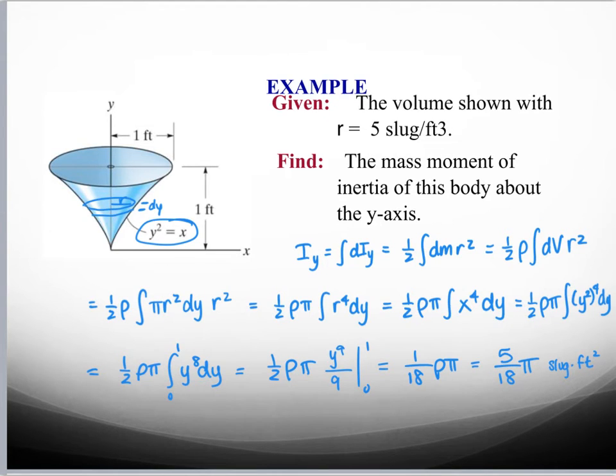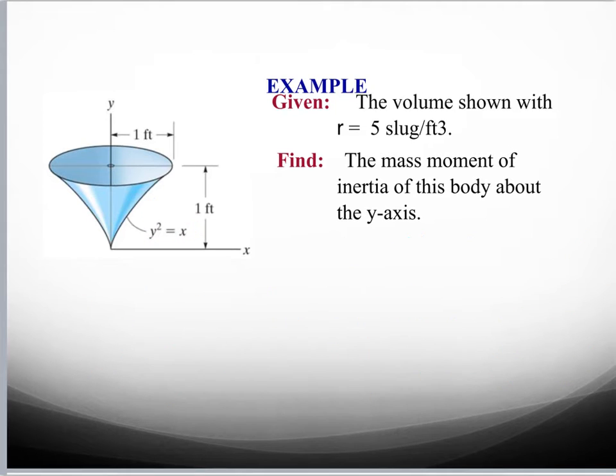We're not used to slugs, but remember that in our unit of measurements, where we use feet and pounds, pounds is actually a unit of force, and the unit of mass is actually a slug. We hardly ever use it, so we're probably not that familiar with it.